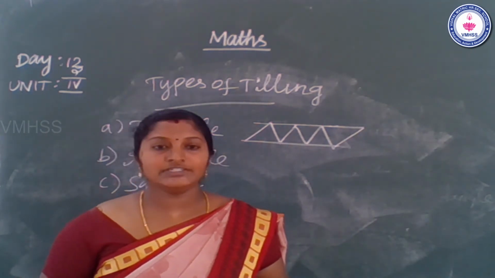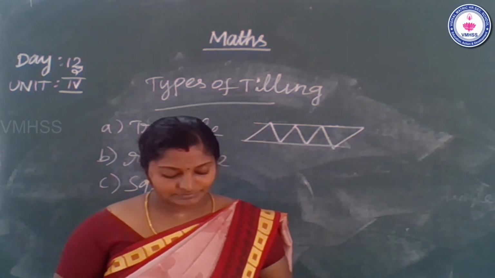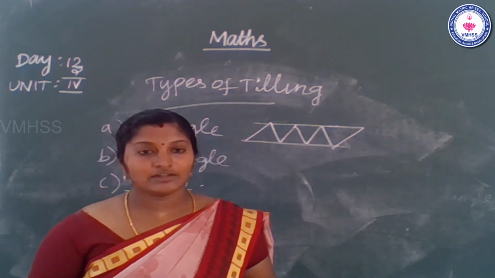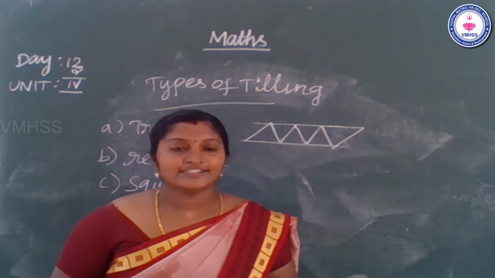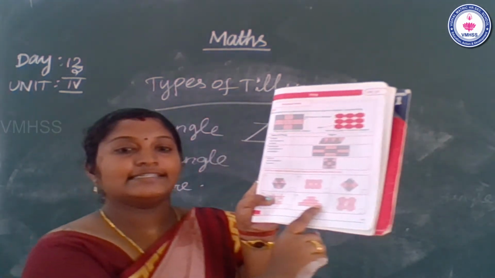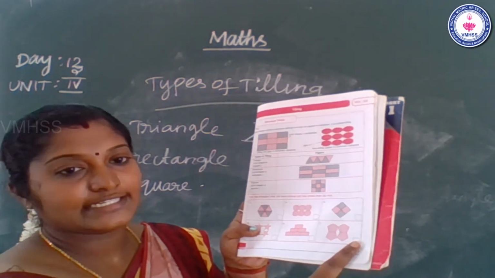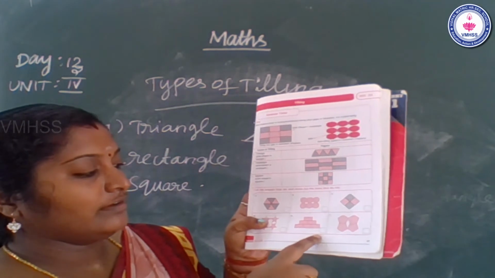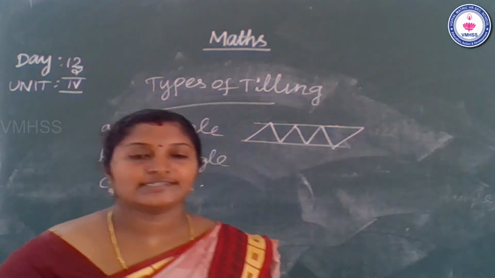Third picture is tilling. Fourth one is a wrong answer. Fifth one is correct, tilling. Last one is a wrong answer. So first, third, fifth are the correct answers. These are the tilling pictures.